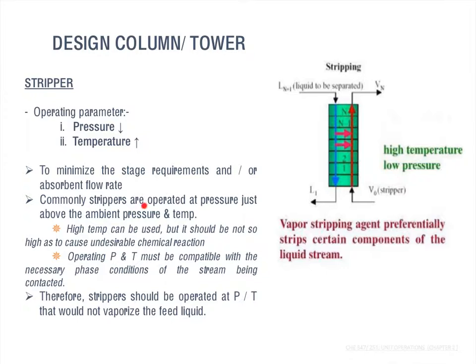Common strippers are operated at a pressure just above the ambient pressure and temperature. High temperature can be used, but it should not be so high as to cause undesirable chemical reactions. The operating pressure and temperature must be compatible with the necessary phase condition of the streams being contacted.